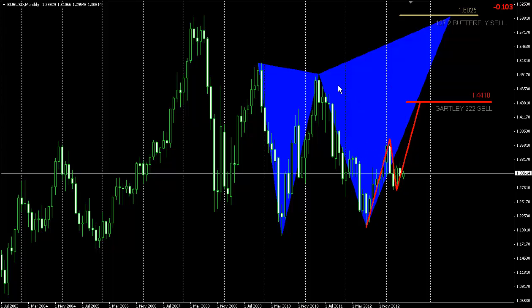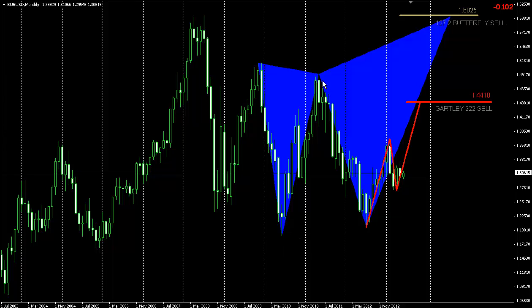So if the market takes out this high, it probably will reach the target of this butterfly, most precisely the 127 extension of this butterfly at minimum at 160.25, and the 127 extension of this butterfly coincides with the 127 extension of this ABCD pattern.